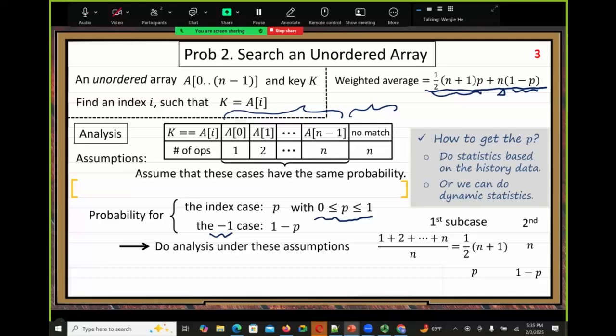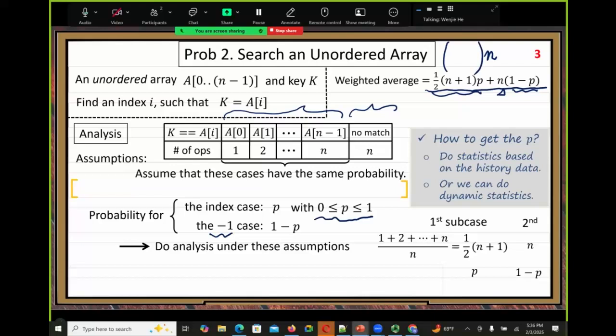So here, the variable is n. We need to look at what is the coefficient of this variable n. So n is the variable, but we want to see what is the coefficient, right?